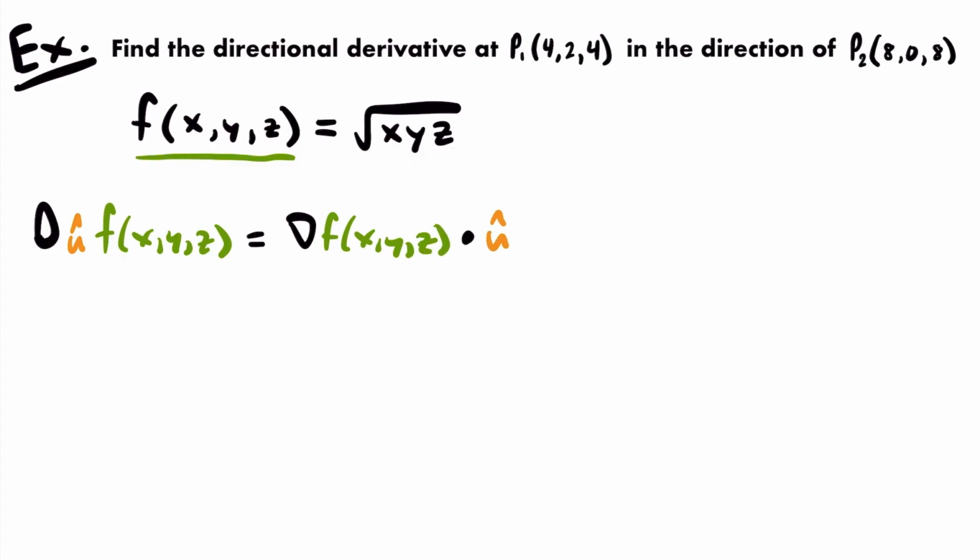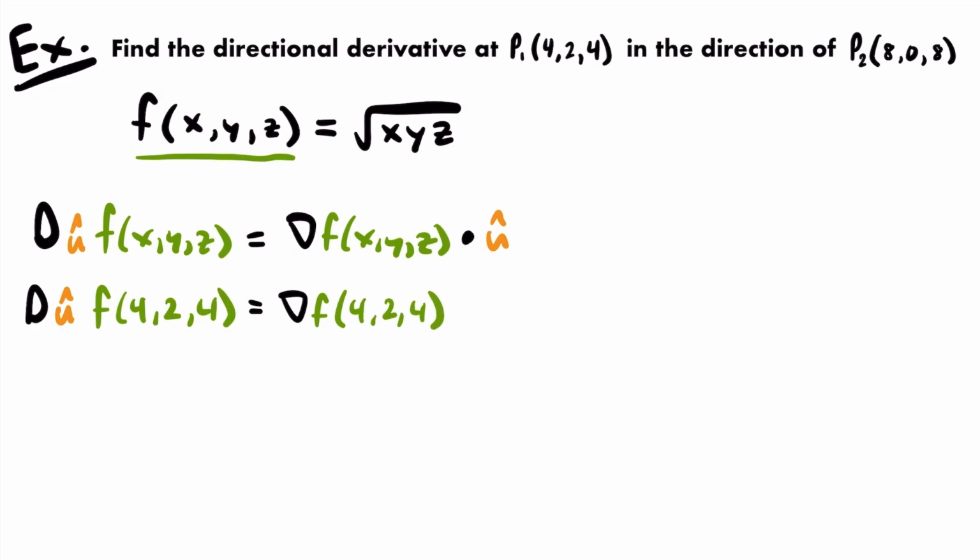And specifically, we want to find the directional derivative at this point P1 with coordinates of 4, 2, 4. So really what we want to find here is the derivative in the direction of u of f of 4, 2, 4, which will be equal to the gradient of f of 4, 2, 4 dot product with the unit vector u. Okay, so what I want to do first is find this gradient vector.